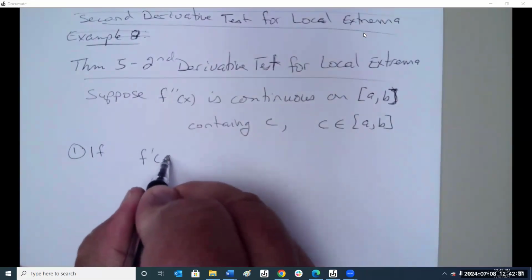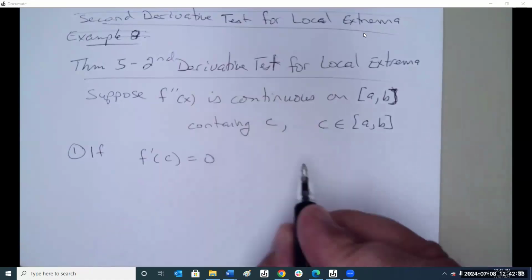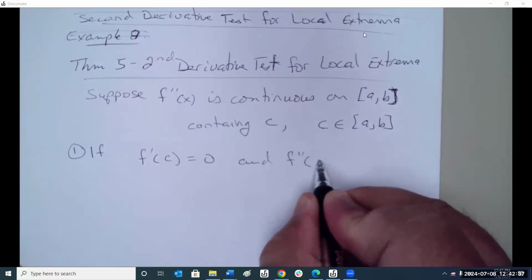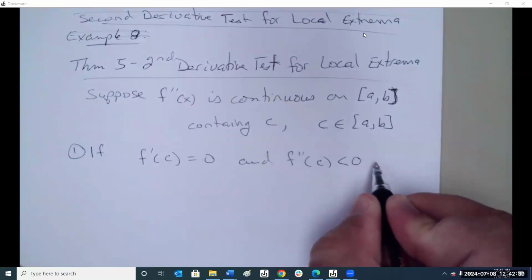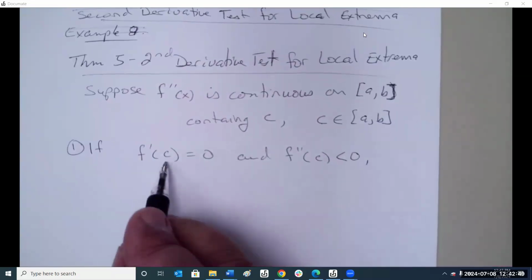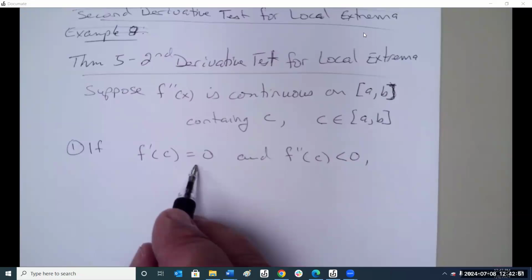If the first derivative at C is equal to 0, and the second derivative at C is less than 0, what does that tell us? Is it a maximum or minimum? Remember, the first derivative equals 0 tells us what?